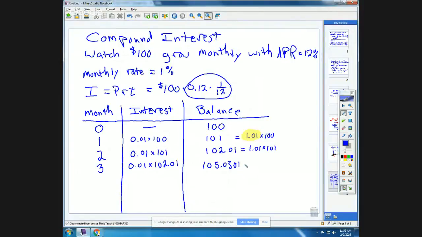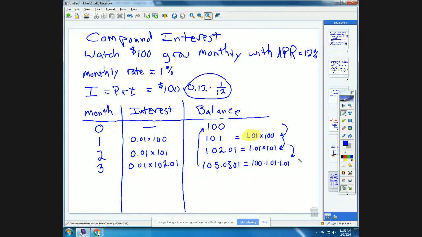So if you think about it, this third number here, if I trace it all the way back to its origin, was a $100 amount. And then for the first month, it got multiplied by 1.01. For the second month, it got multiplied by 1.01. To get from here to here, I multiply by 1.01. To get from here to here, I multiply by 1.01.